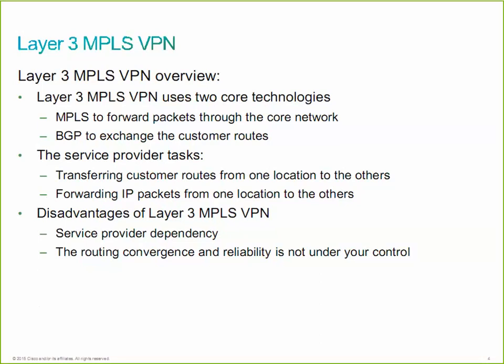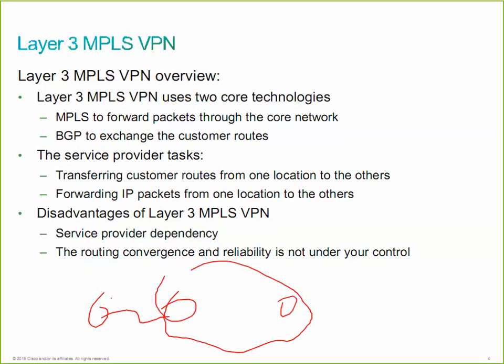So if you imagine, I'll do a little diagram here. You've got your customer router connected to your provider edge router. Inside the cloud, well, let me do that again because I didn't draw that right. The cloud includes the provider edge router.